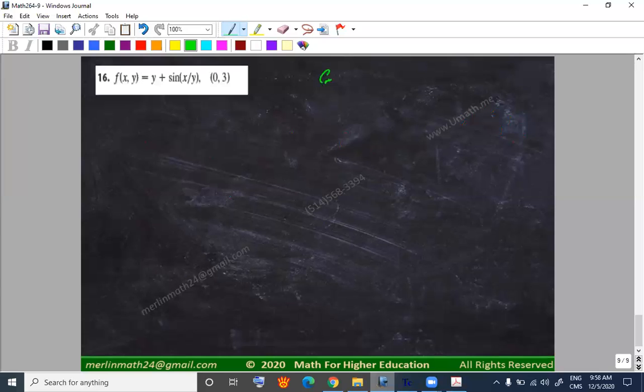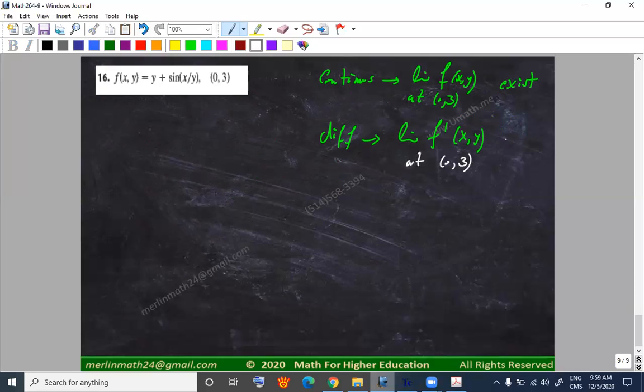Let's say continuity: for the function to be continuous, the limit of the given function at the point must exist. Differentiable is like the limit of the derivative at the point exists, so the derivative at (0, 3) exists.